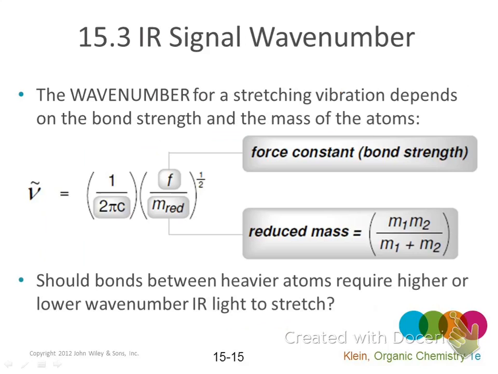So if something has a large reduced mass, and I have an IR spectrum, is it going to be closer to 4,000 or 400? It'll be closer to the 400 side. That's what you expect. The force constant is literally the bond strength, okay?